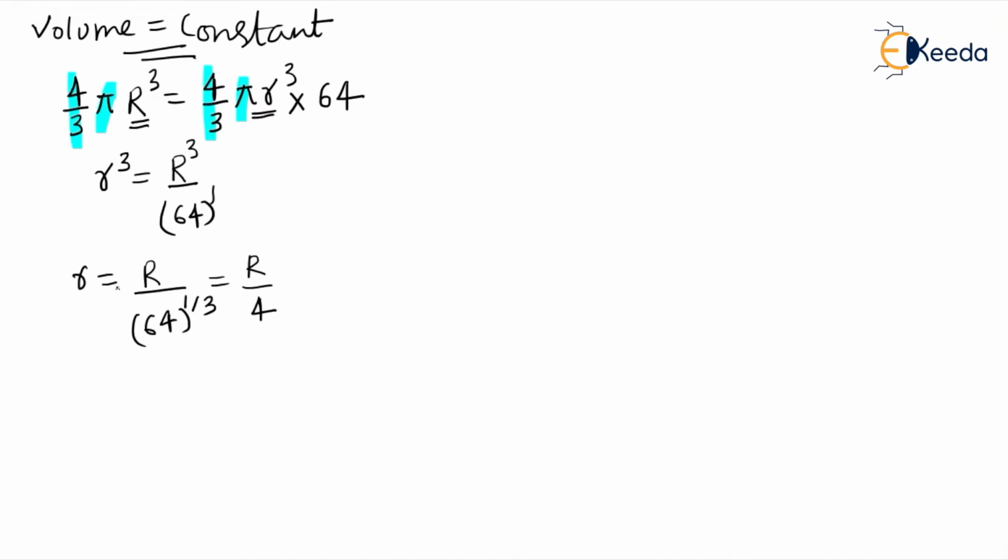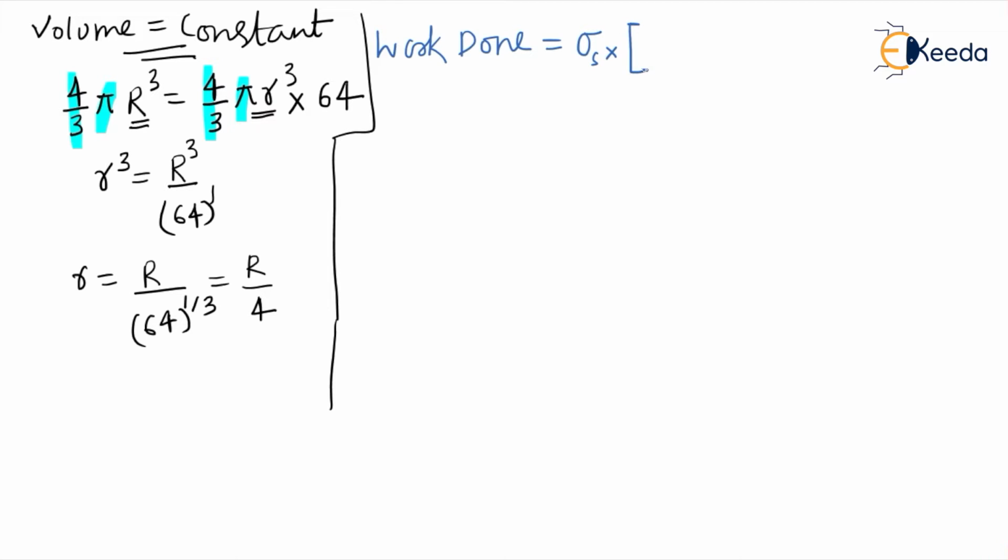Now we need to calculate the work done. So remember, this work done can easily be calculated. How? This work done will be equal to sigma s multiplied by the change in area.